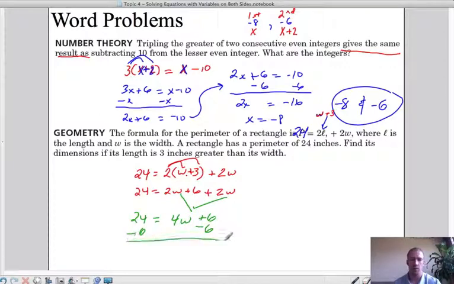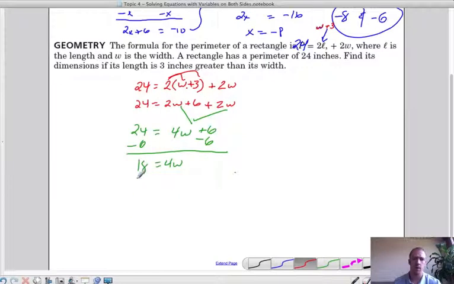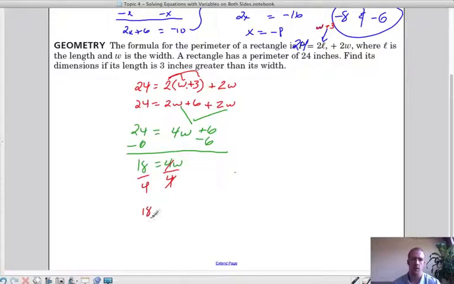Now we solve. 24 minus 6 is 18. Now we divide both sides by 4. And we get 18 over 4 equals W. So that reduces to 9 over 2, or 4.5.